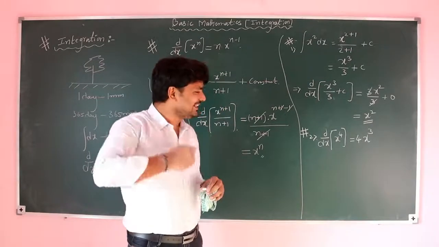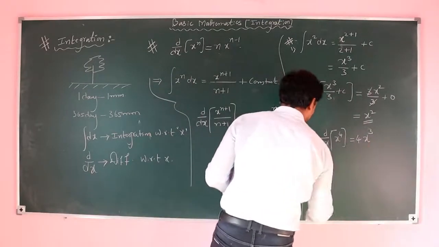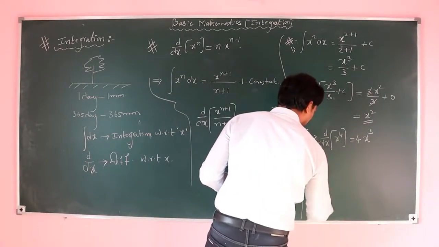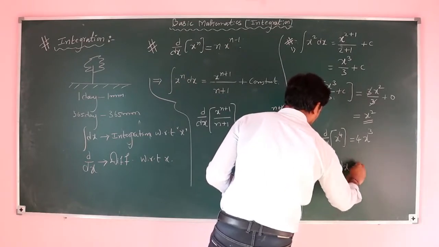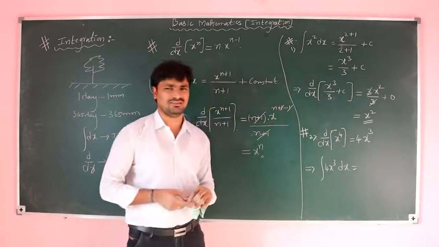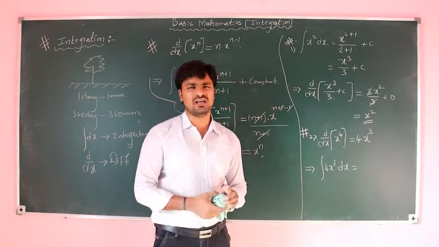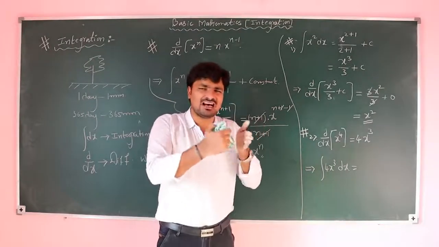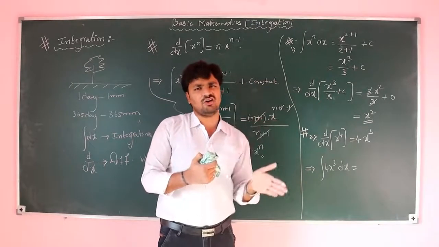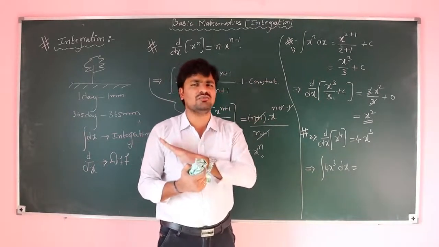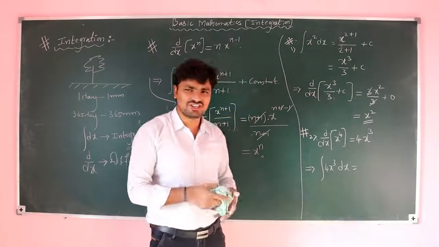Now integrate this, only this. If you are making the integration, the value is integral 4x cube dx. Same rule we are applying. If a variable has a constant coefficient, we are not disturbing the constant.